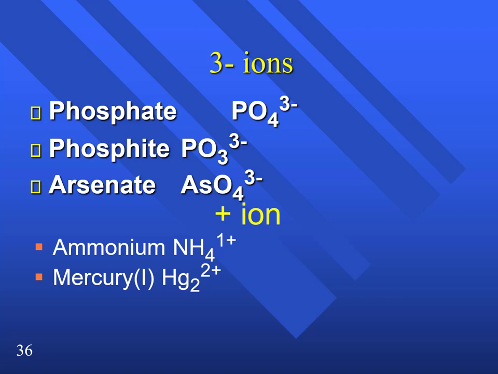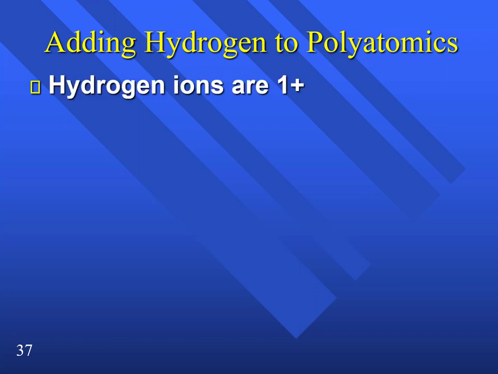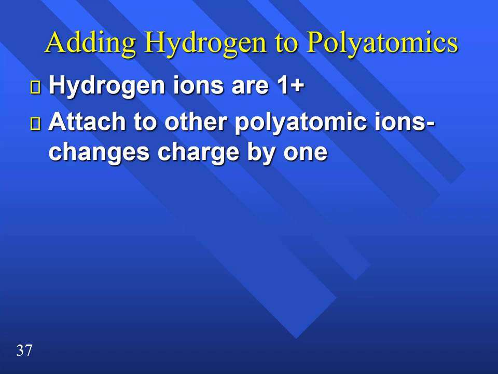You'll notice that I didn't talk about all those ones that started with hydrogen. That's because they're not worth memorizing. They're easier to figure out. Because hydrogen ions are 1+. Right? So when I put hydrogen onto a polyatomic ion, it's going to change its charge by 1. And that's it.